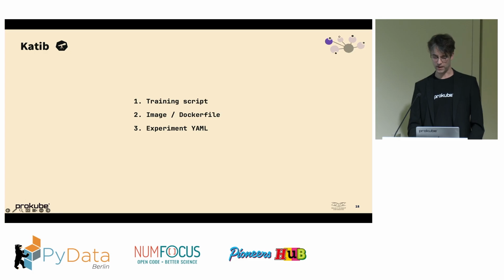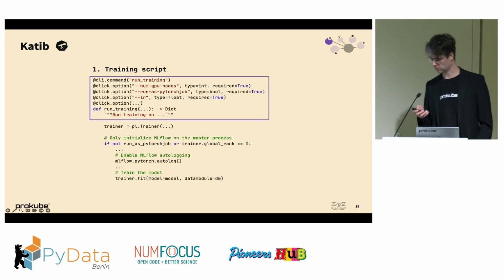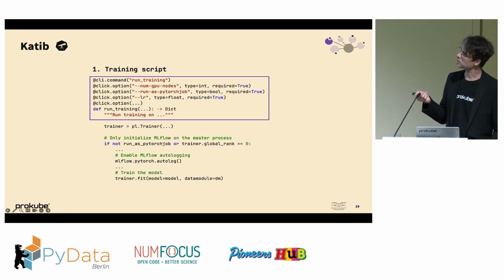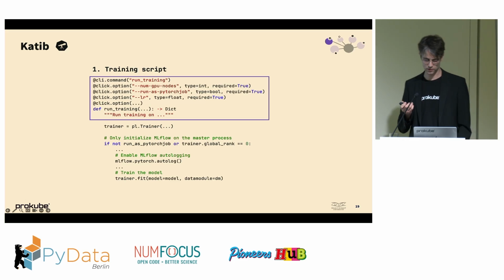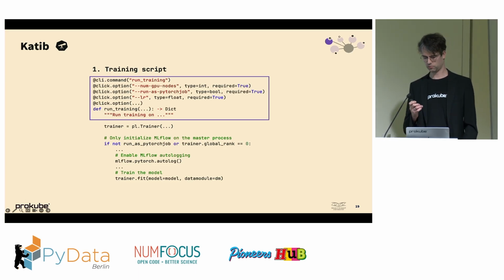So let's start with the training script. Here we have some small parts of Python code. You see up here there's a function called run training, which has some click decorators applied to it, which tell it some things, for example, how many GPU nodes to use to run the PyTorch job or not.